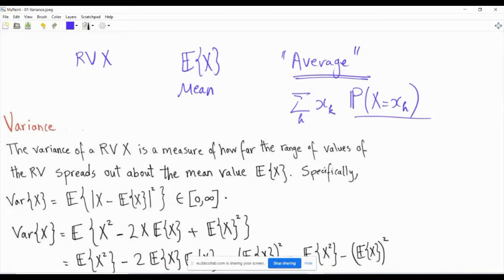Now, the variance of a random variable is a measure of how the values of the random variable spread around the mean value. It tells you by how much, it's some measure of how the possible values of the random variable spread about the mean value. So when we're talking about the variance, we are assuming that the random variable has a finite first moment.